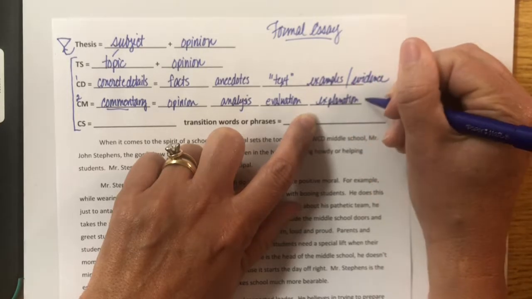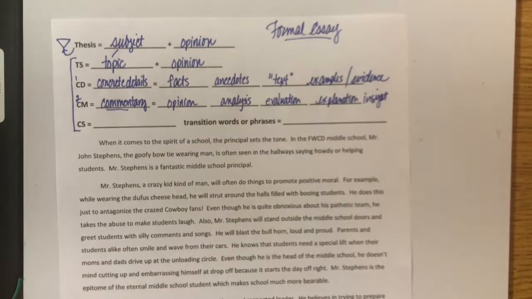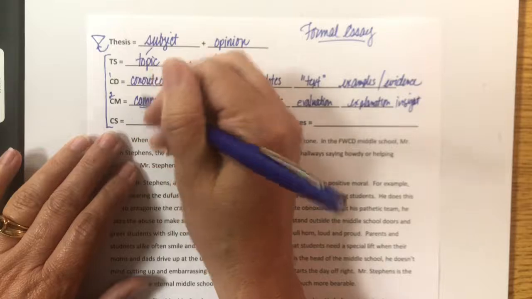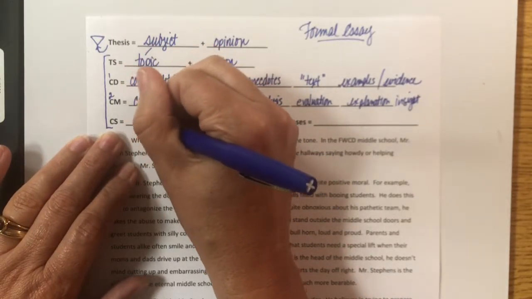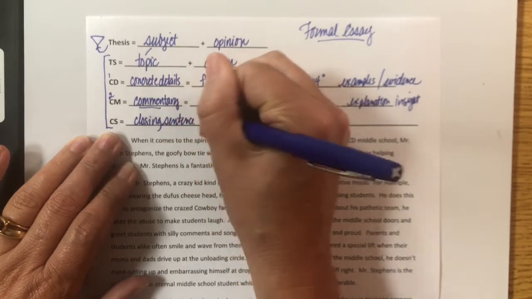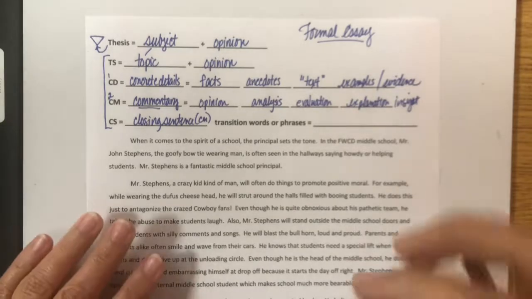And there's one more, there's room for insight over here. I didn't make a line for it, but insight is also a good synonym of commentary. Then you always close your body paragraph with a closing sentence, which is basically one last CM, one last opinion sentence.